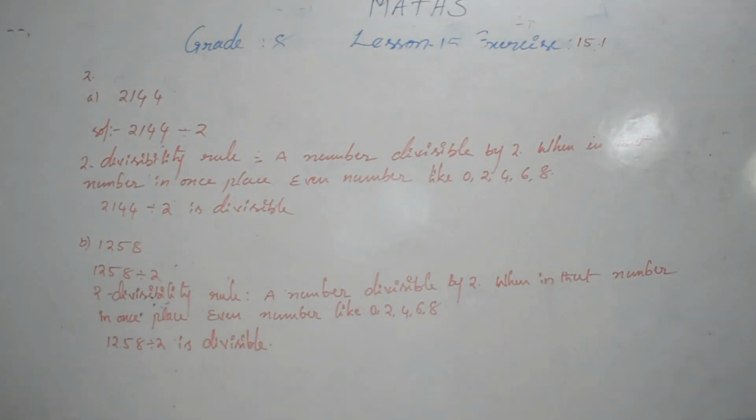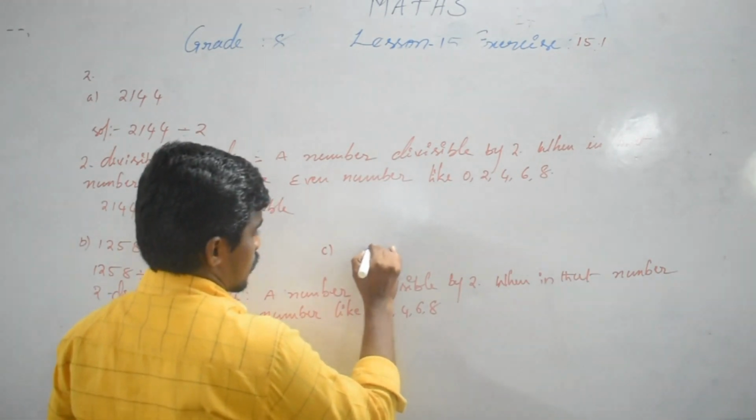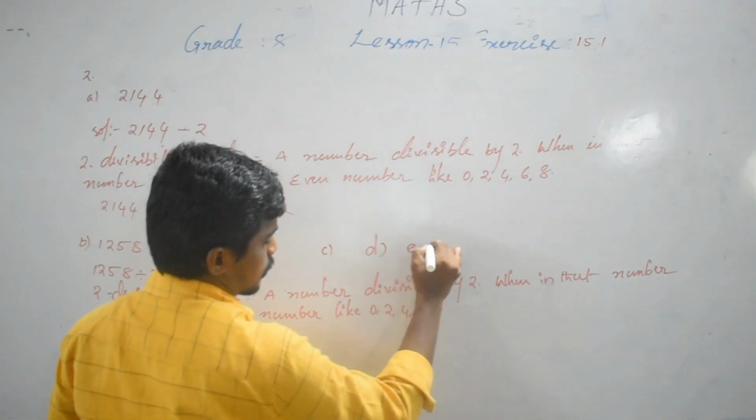Write the factors of the following numbers. In this one, C homework, D homework, E homework.